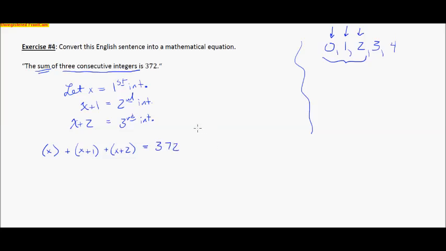So there's my equation. Alright, first integer plus the second integer plus the third integer equals 372. So get used to doing this, because I'm telling you, it's coming up over the next few years over and over where they talk about consecutive integers. Okay? Now that one's going to be a little different than this next one.